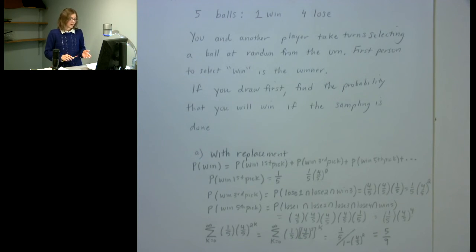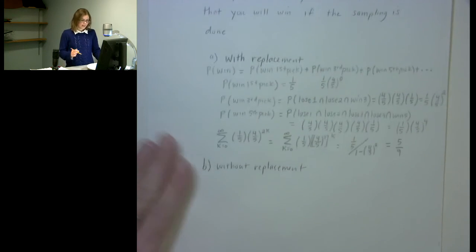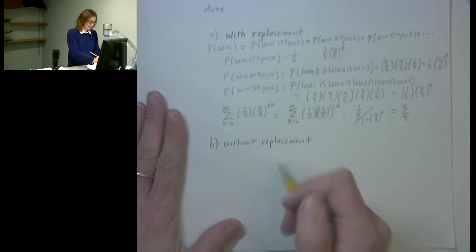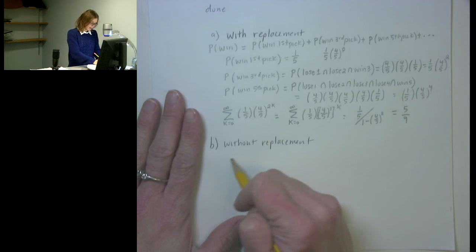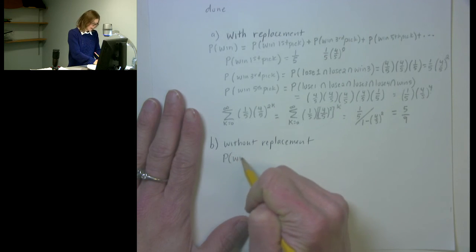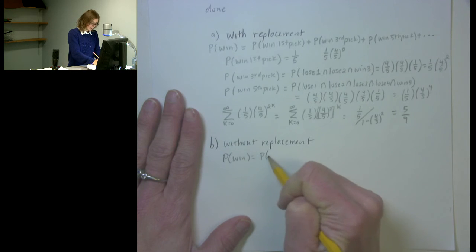Okay. To do it without replacement is a little bit different, but it's similar. Think about this, we've got different possibilities now. We're not replacing it, so you could win on the 1st pick.